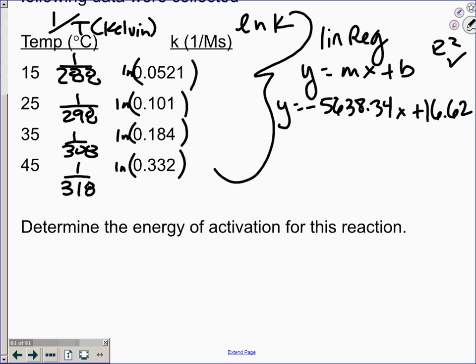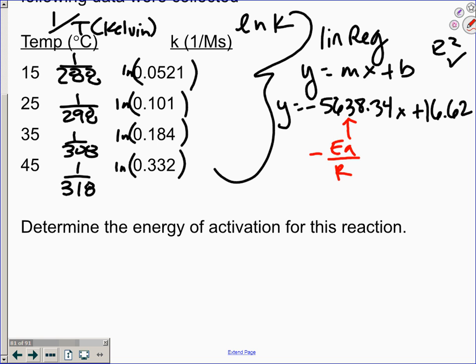The slope is negative EA over R, that's equivalent.